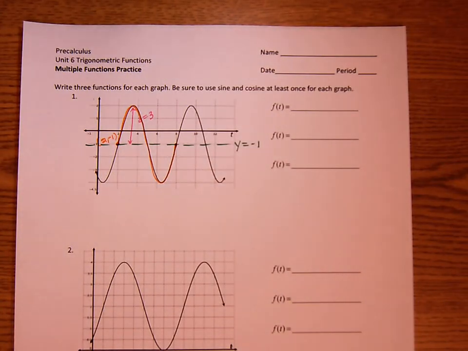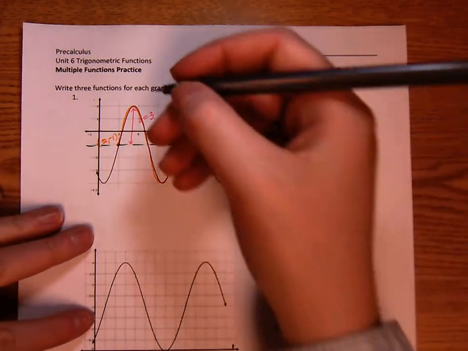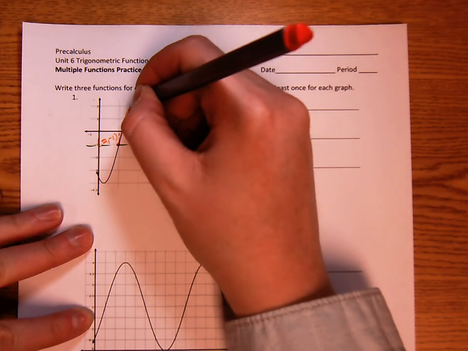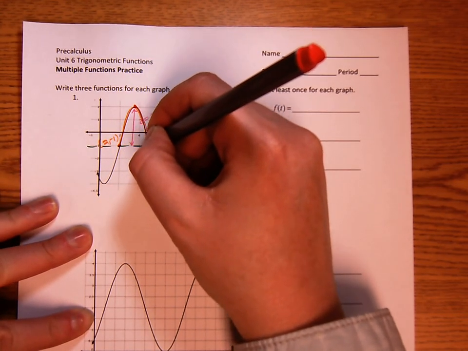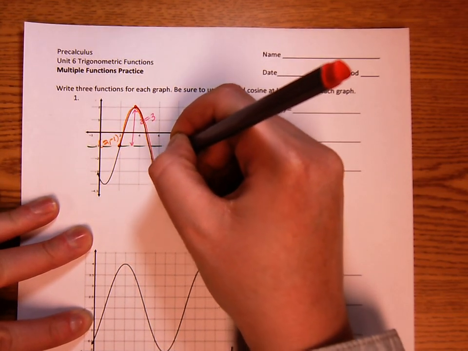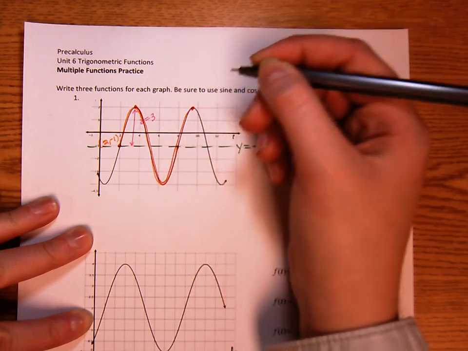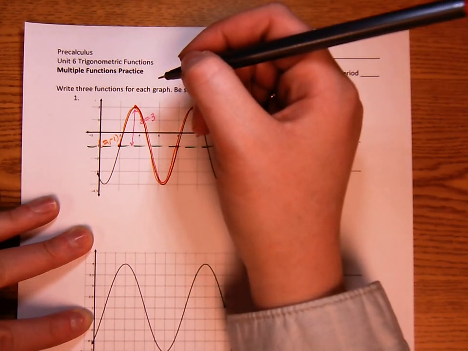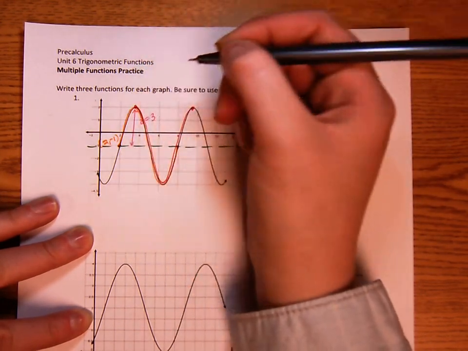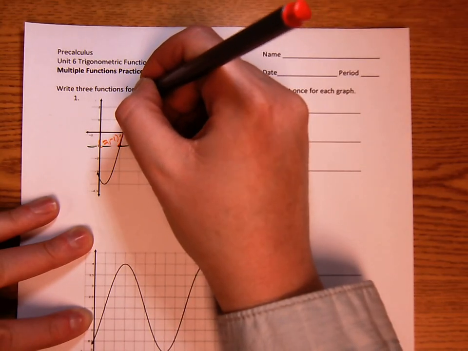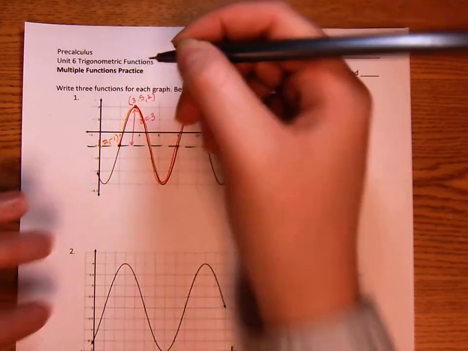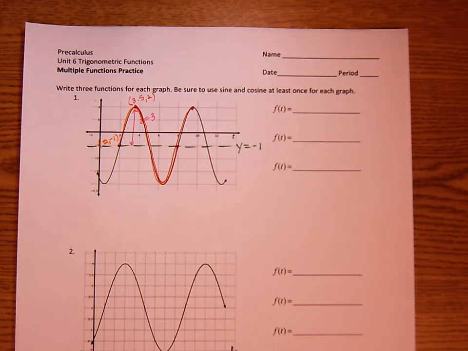Or I could choose to model with a cosine wave, where maybe I choose to start up at this relative maximum and go through 5 key points, which would bring me back right here. So that would be starting at, it looks like (3.5, 2). So again, as long as you're starting at a max or min for cosine, you're good. As long as you're starting with a point on the center line, you're good for sine.